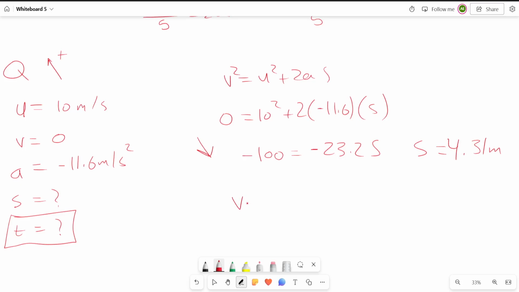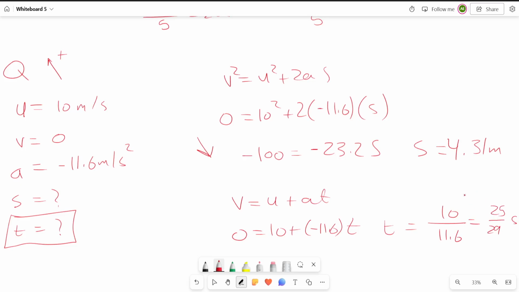V equals U plus AT. So V, which is 0, equals U, which is 10, plus A, negative 11.6, times T. So basically T equals 10 over 11.6, which is equal to 25 over 29 seconds.